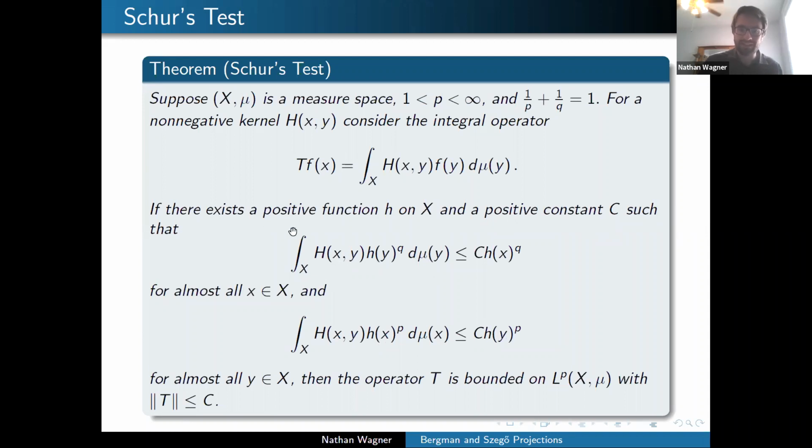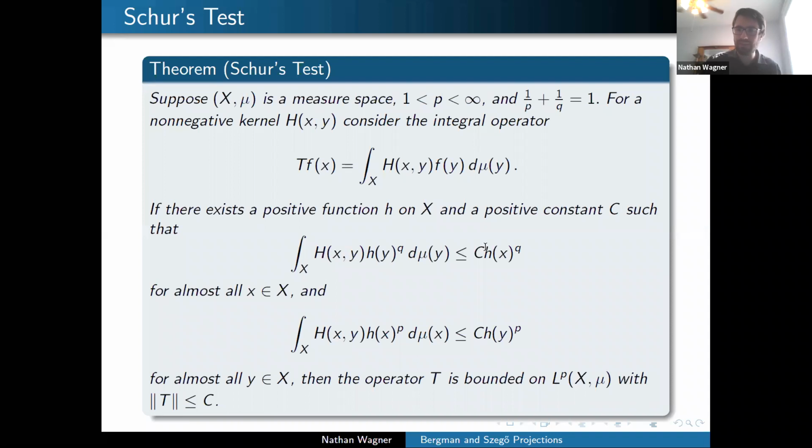What this says is if I integrate H times h to the q, that's controlled above by a constant times h to the q. Basically, when I integrate against the kernel, it returns the function, or is bounded by a constant multiple of the function.